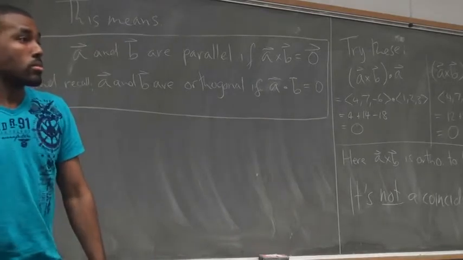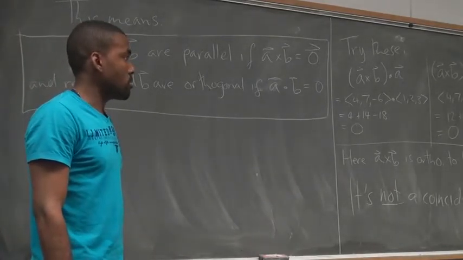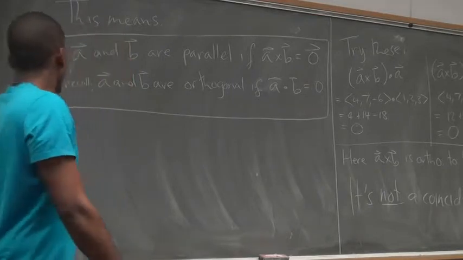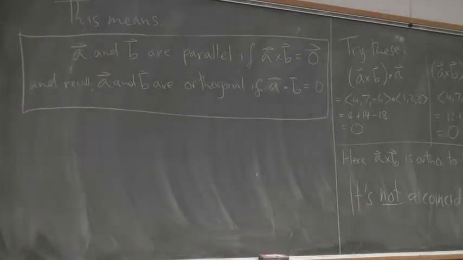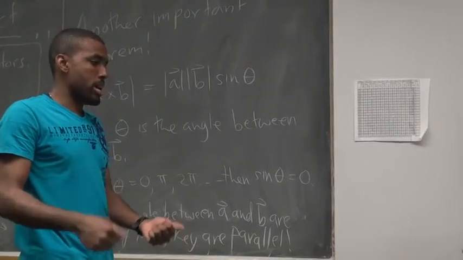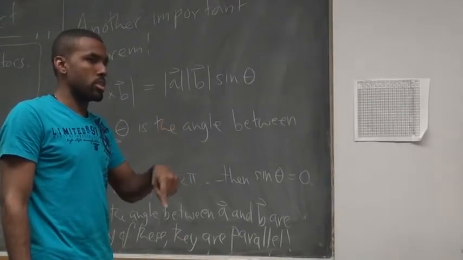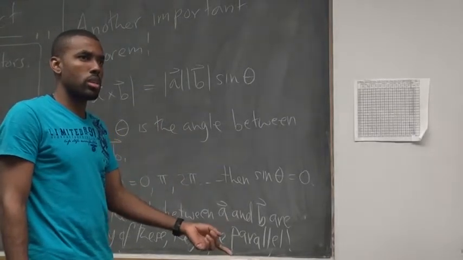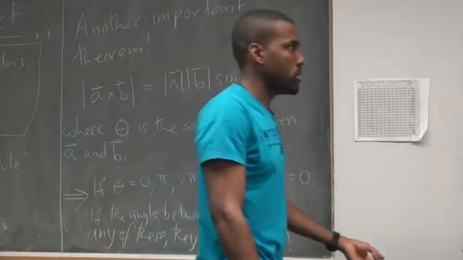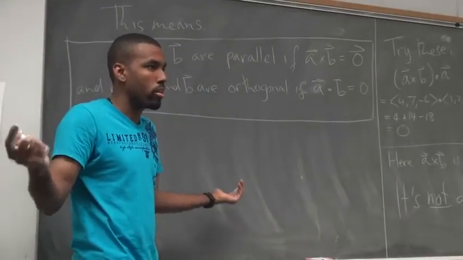Could you also get the parallelism from the dot product as well, if it's one or negative one? Sure, but that doesn't give you much information. In that case, A dot B would be equal to the magnitude of A times the magnitude of B, because if the angle is 0, cosine just gives you 1.